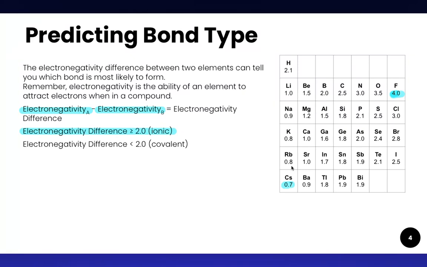If the electronegativity difference is less than 2.0, it is a covalent bond. So I would recommend that you copy down what's highlighted in blue on the left, and you might also want to copy down this electronegativity table I have on the slide for you.